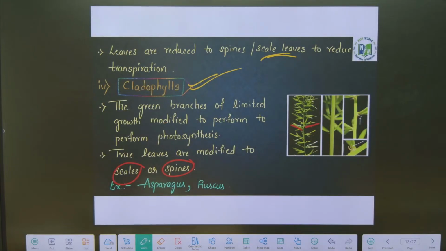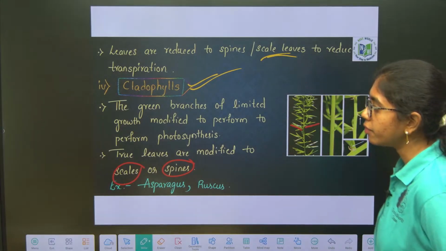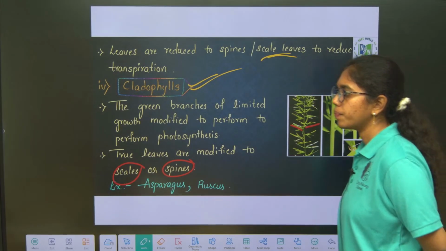Next is cladophylls. These are branches of limited growth. You have to know the clear difference between phylloclade and cladophyll.